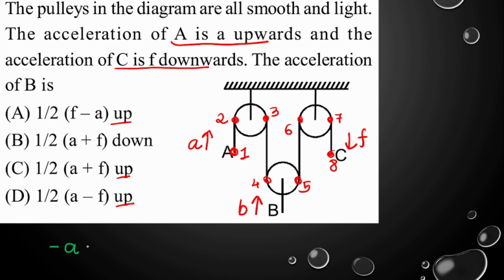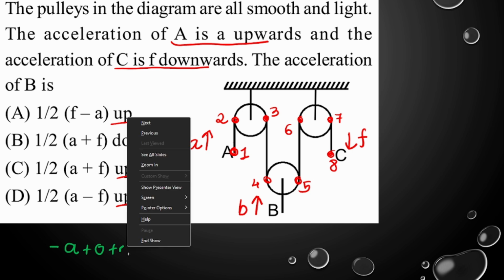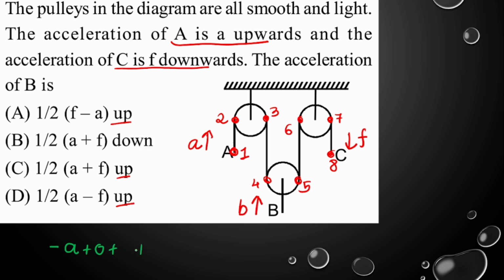Minus A for point 1, 0 for point 2, 0 for point 3, point 4 is reducing the length, so I will write minus B, plus 0 for point 5, point 5 is reducing the length, so that is minus B, plus 0 for point 6, plus 0 for point 7, plus point 8 is increasing the length, so plus F equals to 0.